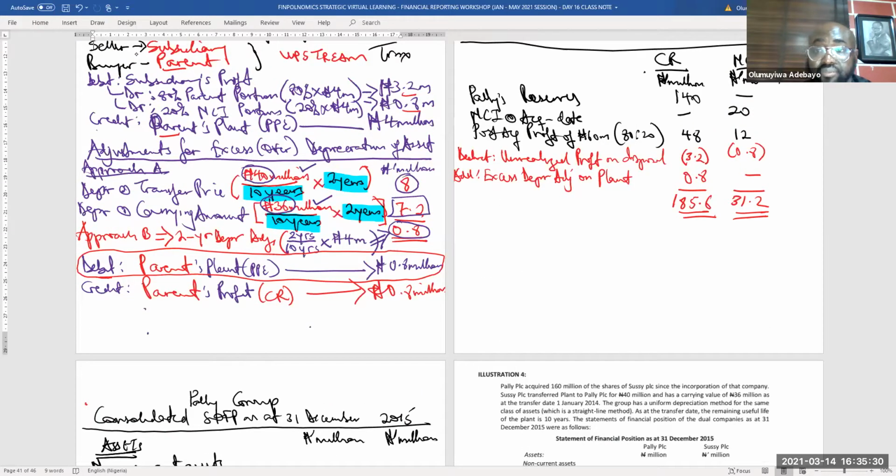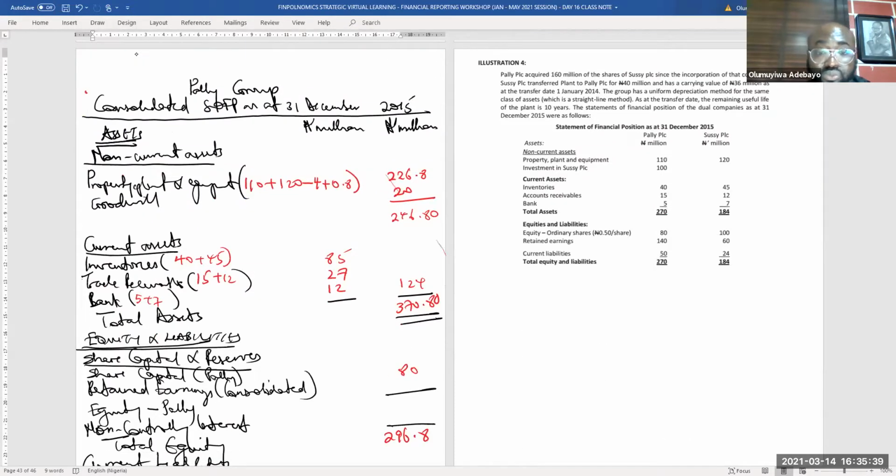For the parent, 185.6, and NCI is what? 31.2. 185.6 plus 31.2 is 265.6, and this remains 296.8.